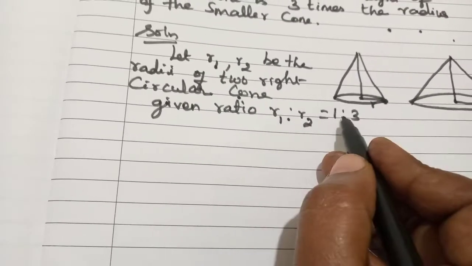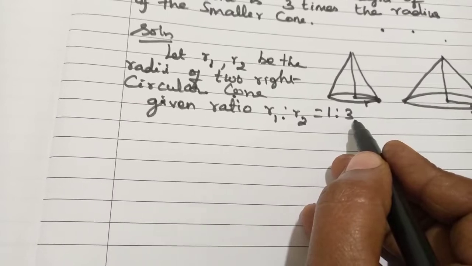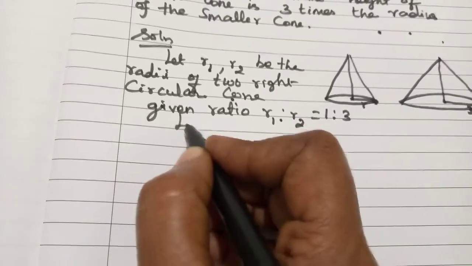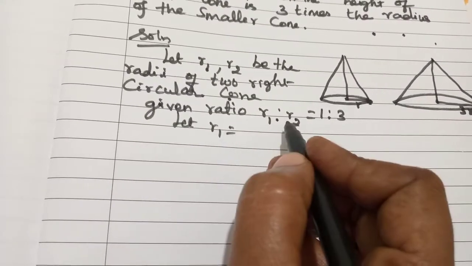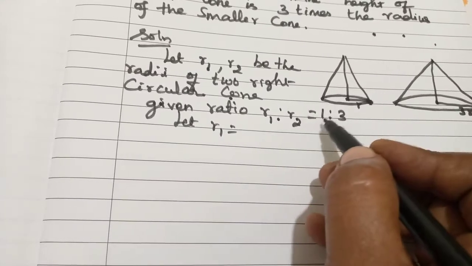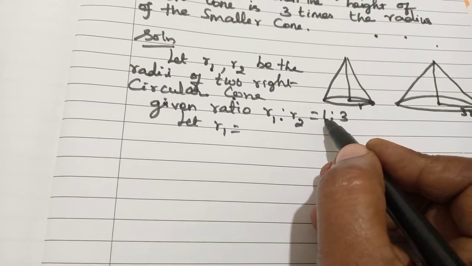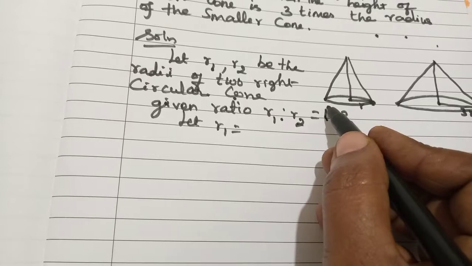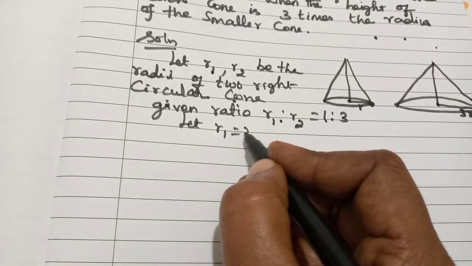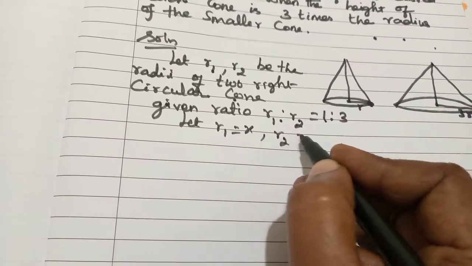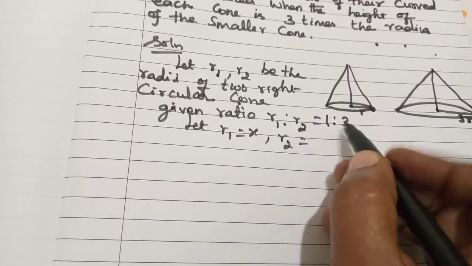Let us take R1 equal to x and R2 equal to 3x. Here R1 is 1, R2 is 3. So R1 is 1 into x, which is x, and R2 is 3 into x, 3x.